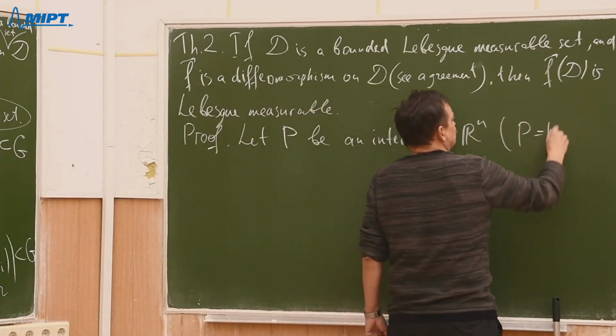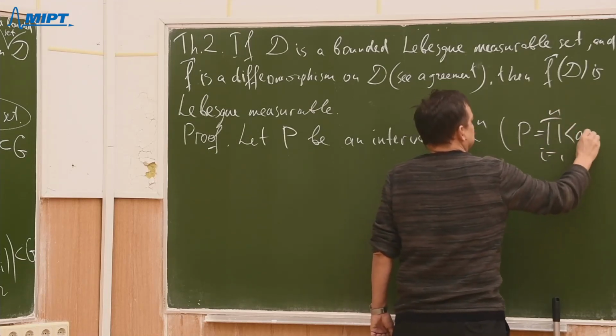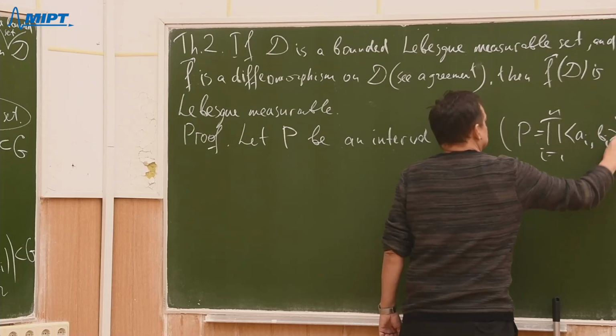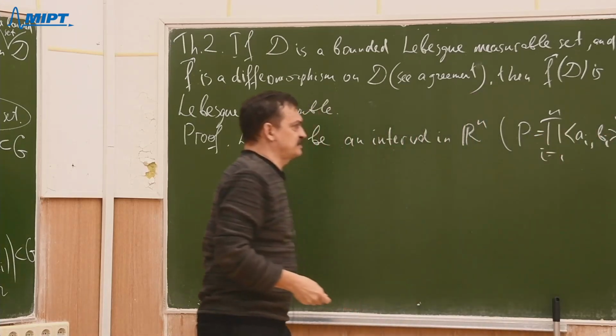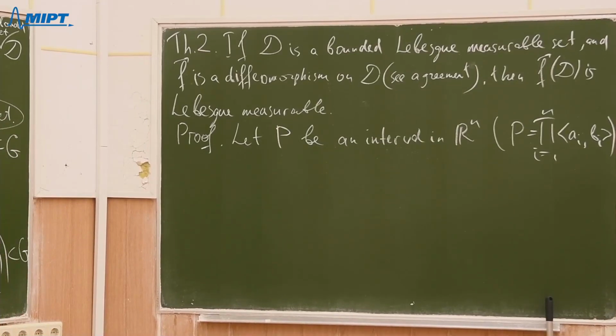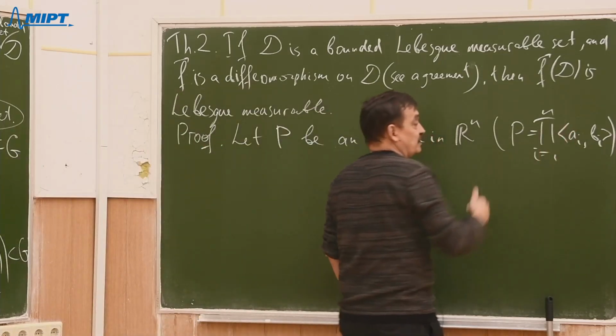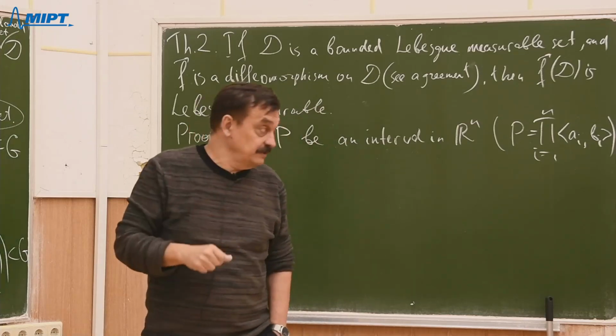P equals a product of some intervals, and brackets mean that we can either include or exclude the end of an interval, right?